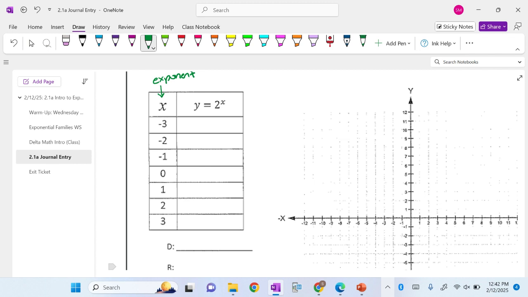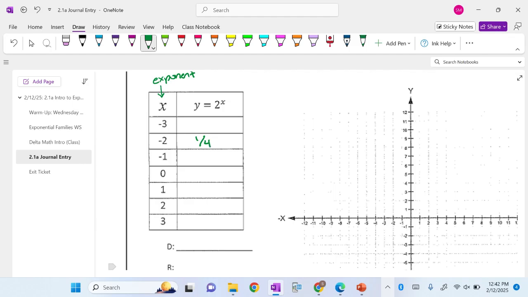So look at that green power chart that I had you guys fill in at first. All right. What does it say 2 to the negative 3 power is? What does it say 2 to the negative 2 power is? 1/4.